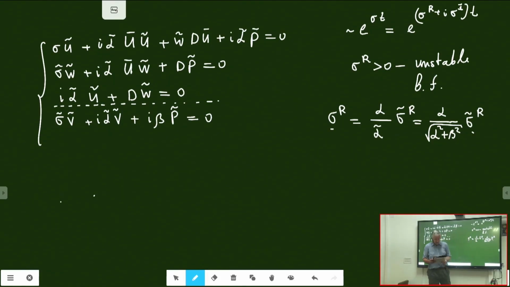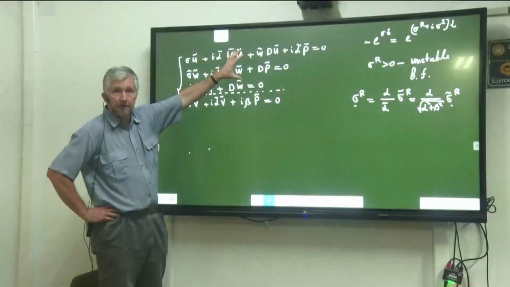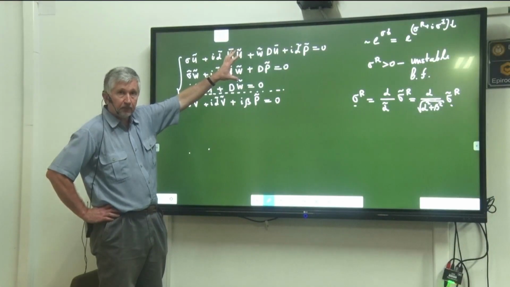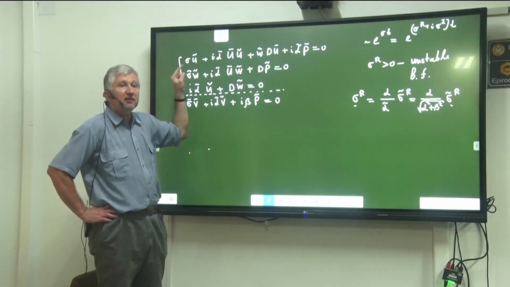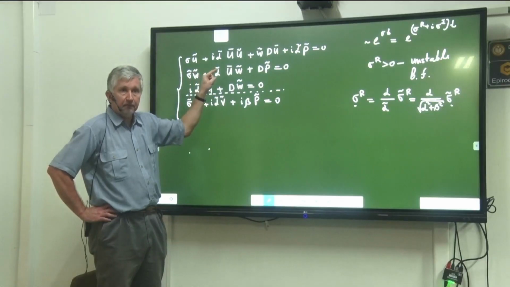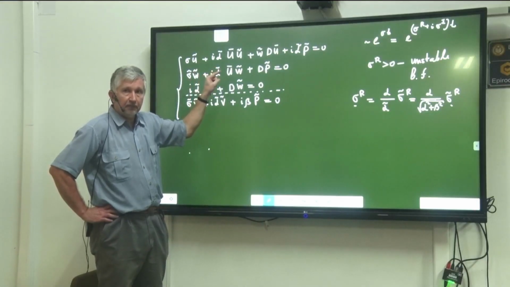So let us now make a physical conclusion out of this algebraic observation. So sigma tilde r is obtained essentially from this set of equations. Agree? This set of equations does not contain v. Agree?